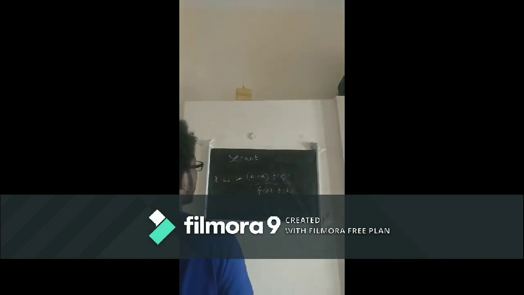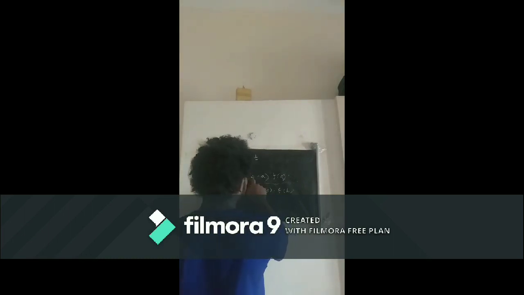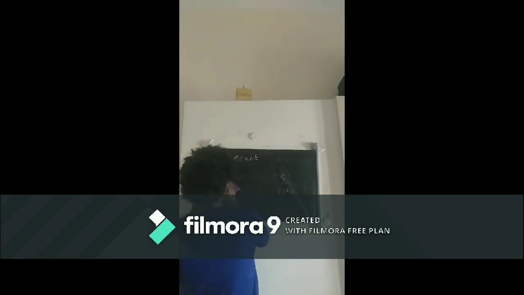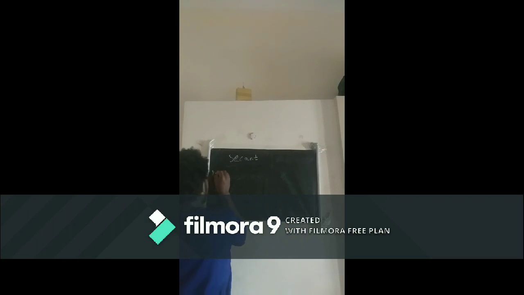Then we have to multiply this by this and this by this. So when we multiply, x minus a is equal to minus into b minus a into f of a over f of a minus f of b.